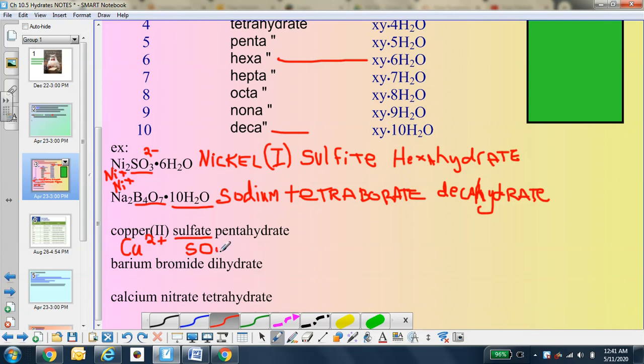It's SO4, and it has a -2 charge. It's super important that you write that down so that you can figure out how many of each cation and anion you need to make a neutral ionic compound. +2 and -2 cancel each other out, so we only need one of each, one copper and one sulfate.